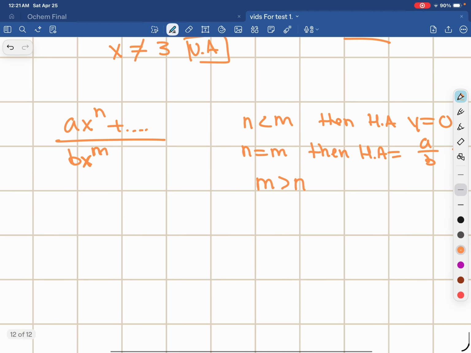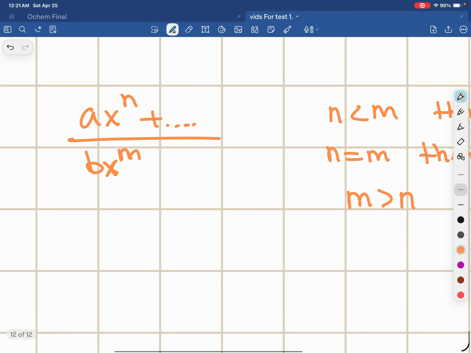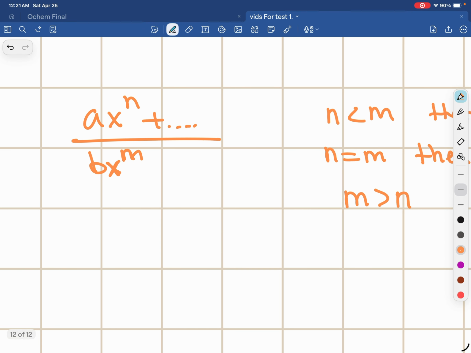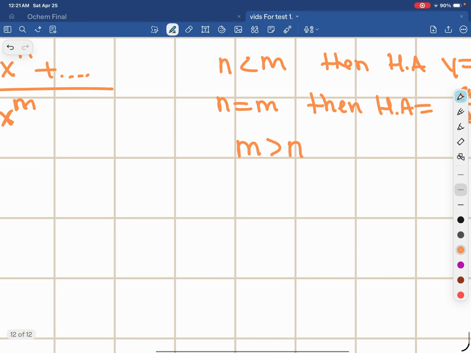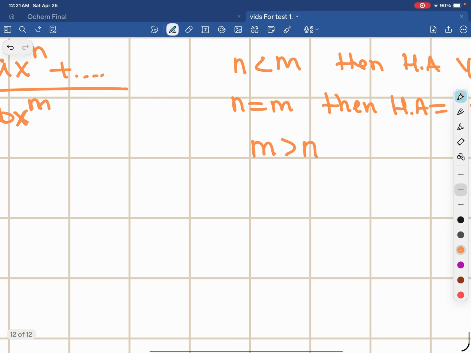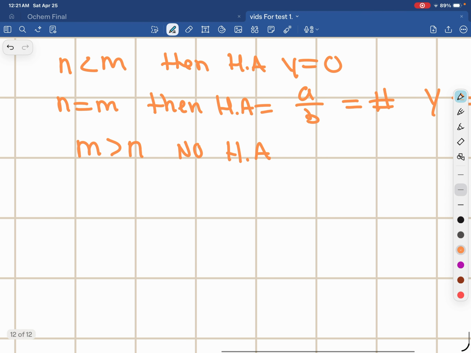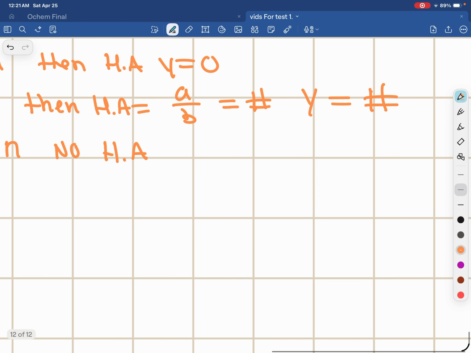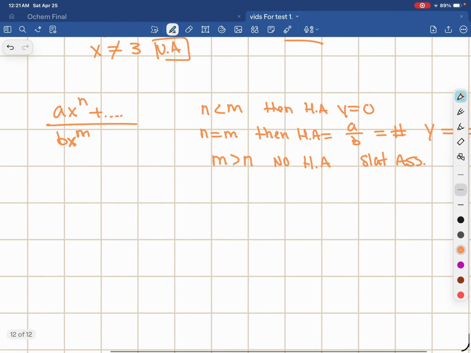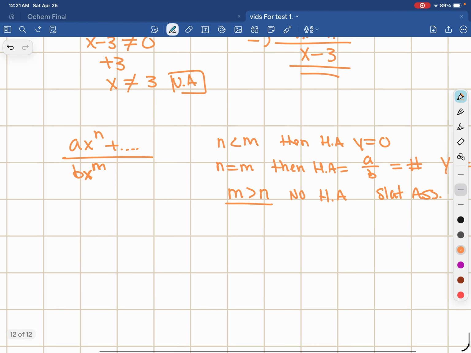I misspoke earlier. When m is bigger than n, we're going to get no HA, and we will actually have a slant asymptote, which we won't cover, but in that situation, that's what we will have.